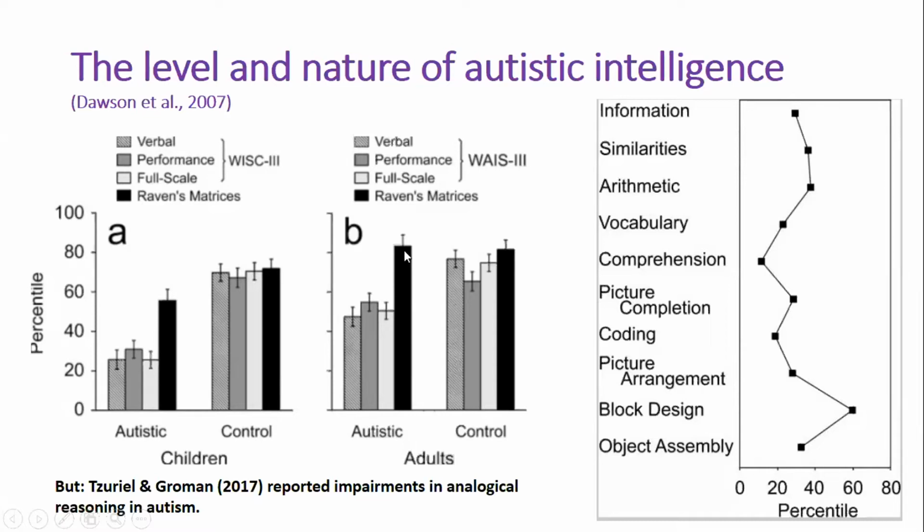So there was this big discrepancy between their intelligence as measured with these two methods. And you can see that even within the Wechsler scale, they have some particular strengths, for example, in the block design task that I presented before, and some typical weaknesses, for example, in verbal comprehension.